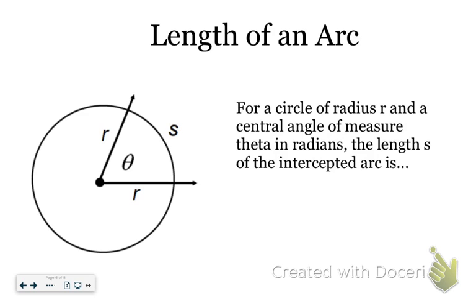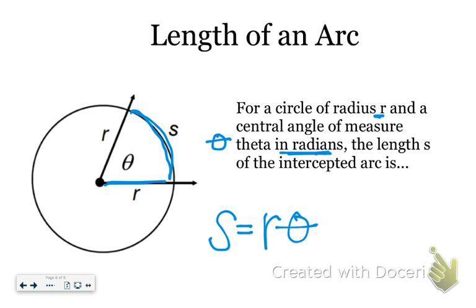Okay, last thing we're going to do is find the length of an arc. So this is our arc right here. We want to find that length. So for a circle of radius r, so this is our radius, and a central angle with the measure of theta in radians, so it has to be in radians, that's really important, the length S of the intercepted arc is S equals r times theta.